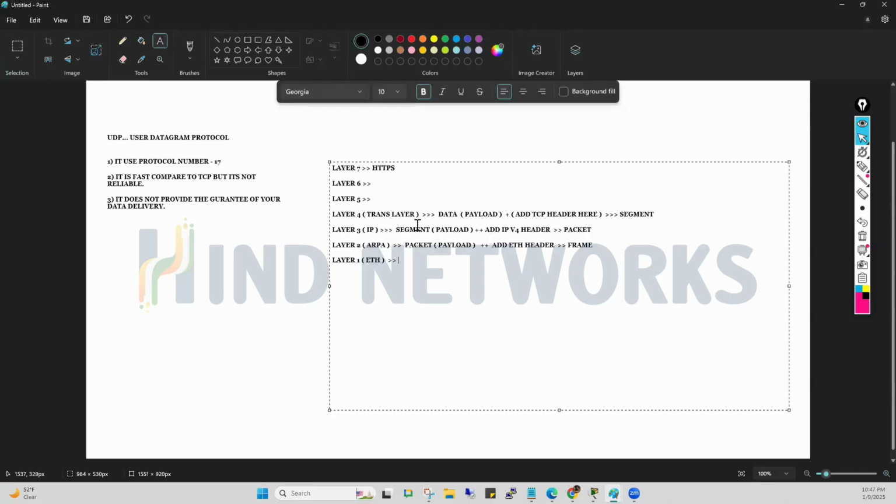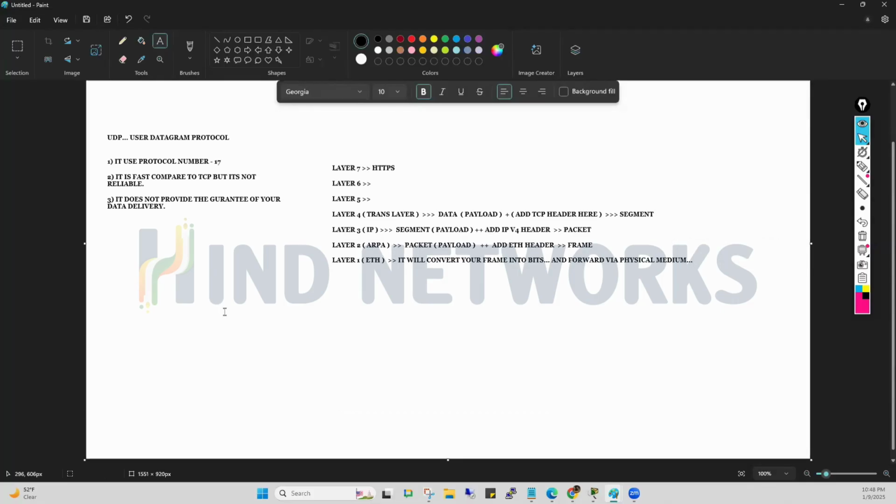It will convert your frame into bits and forward it by physical medium. Anyone here who does not understand these things?